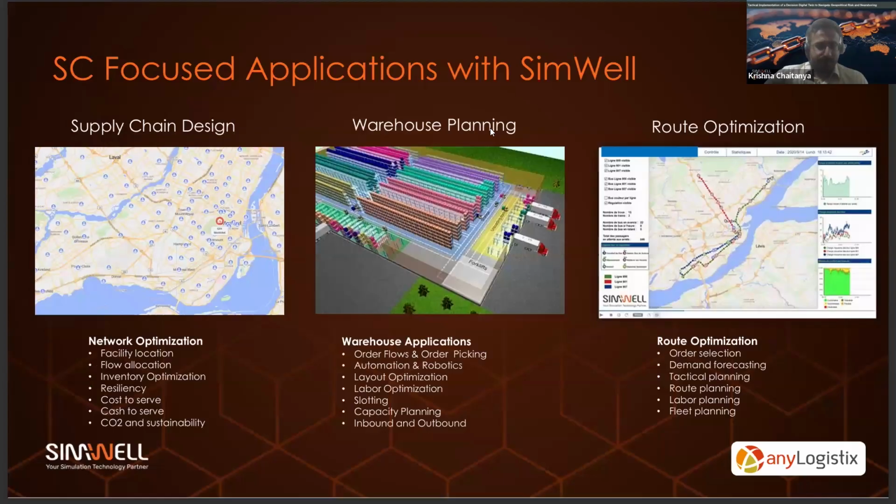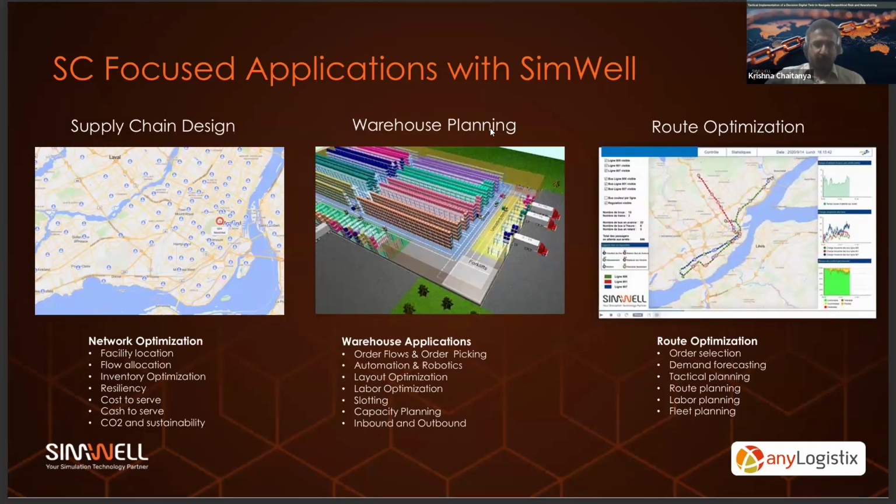Let's progress. So before diving into the webinar, I would just like to give a brief overview of what Symbol is, what we do in the area of supply chain, and then we will go to the webinar. When it comes to supply chain focused applications at Symbol, we broadly do three types of solutions.